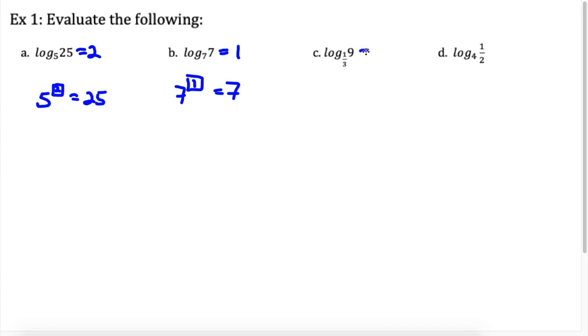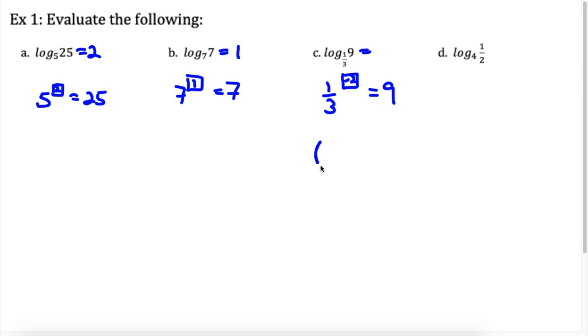How about this one? This one might be a little bit trickier to think about. 1/3 to what power equals 9? Well, here, again, we need to think about our rules of exponents. I essentially want to bring this 3 to the numerator somehow and then square it. Well, what I can do is raise that to the negative second power, right?